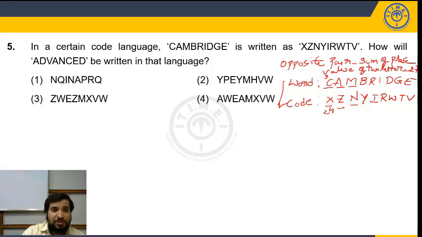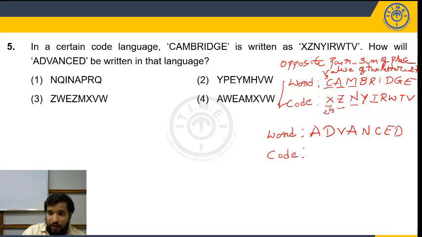By implementing the same logic for the given word, that is advanced. A's opposite letter is Z, D's opposite letter is W, V's opposite is E, A is Z, N is M, C is X, E's opposite letter is V, and D's opposite letter is W. So what's the code for advanced?